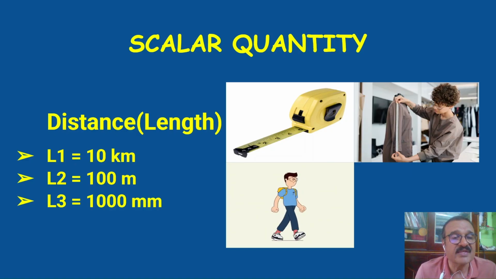Whereas another examples like L2 equal to 100 meter and L3 equal to 1000 millimeter. 1000 millimeter, here 1000 is a magnitude and millimeter is the unit of this length L3 or the distance measured. For measuring distance, measuring tapes can be used.